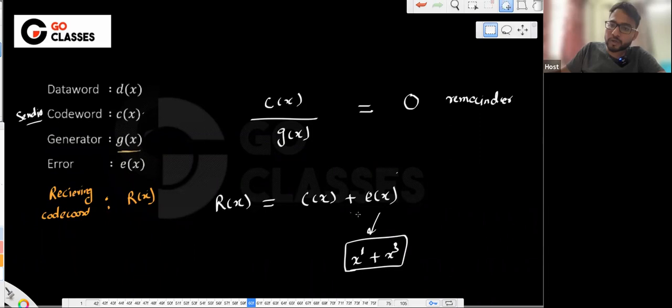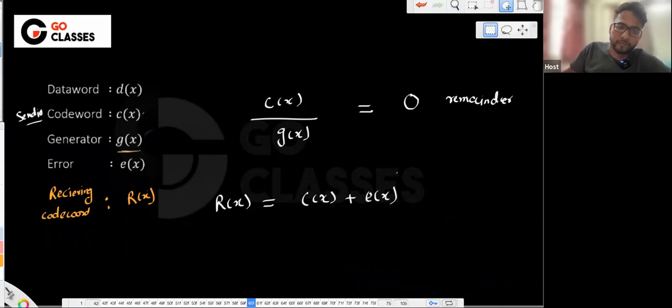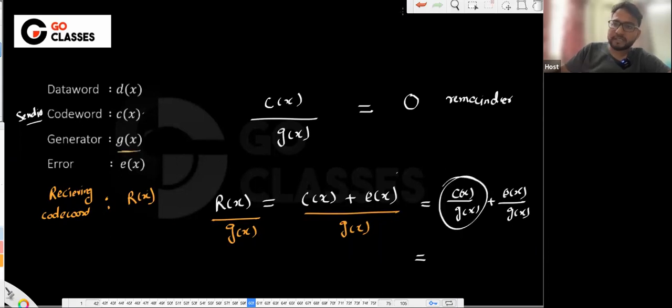Now suppose you divide this again with the generator, will you get 0? If you divide this again with the generator, then what will you get? You will get Cx upon Gx plus Ex upon Gx, where the first part will always be 0, as I just told you.